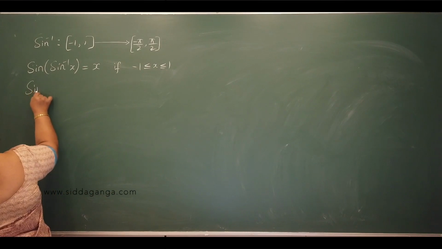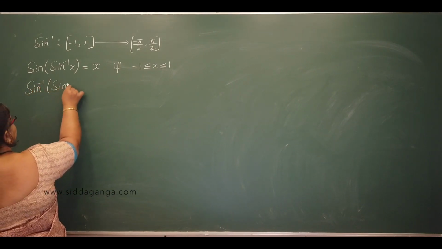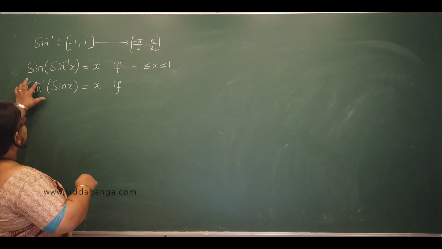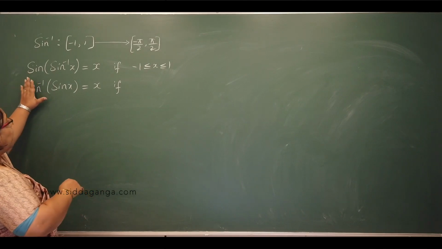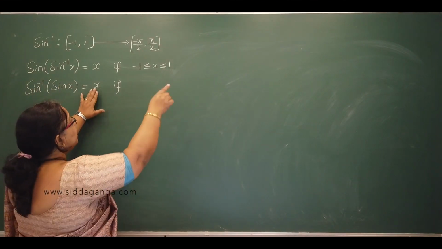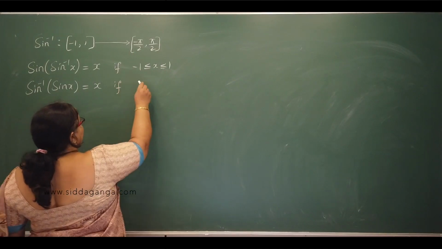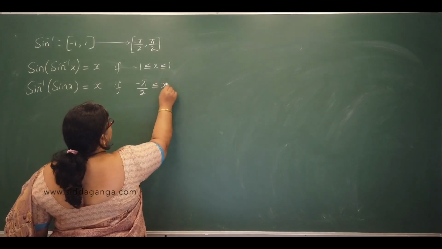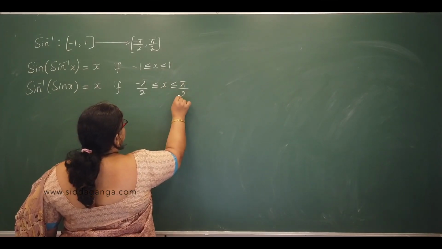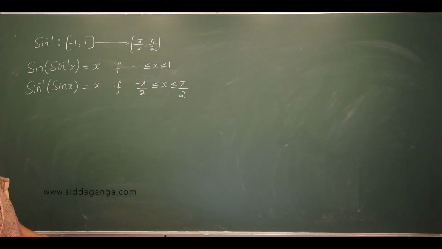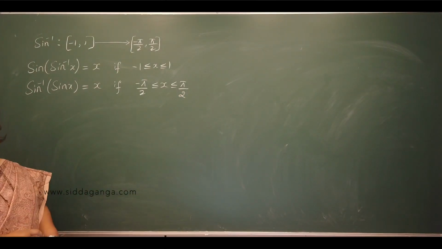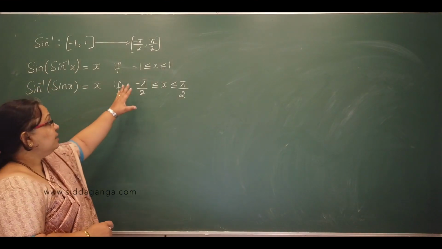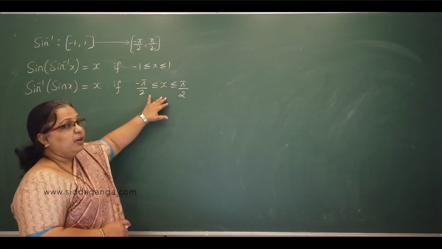Similarly, sine inverse of sine x is taken as x only if, since sine inverse is outside, the answer should be in terms of the range, here an angle. So the value of x should belong to the closed interval minus pi by 2 comma plus pi by 2. We should know the condition of restriction for x here.